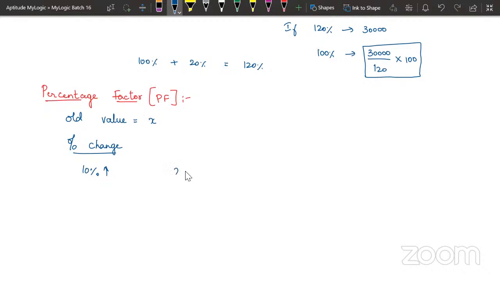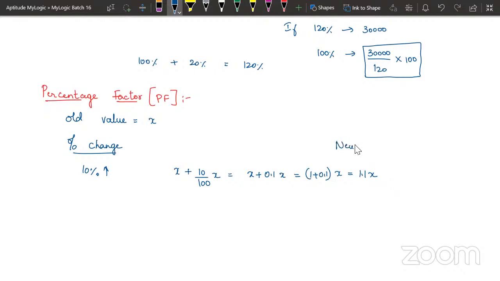Original value is X. With this, we have to add 10% of X because there is an increase of 10%, which gives you X plus 10 by 100, which is 0.1X. Now take X common, you will get 1 plus 0.1, which is equal to 1.1X. Hope this is clear. This is for 10% increment.